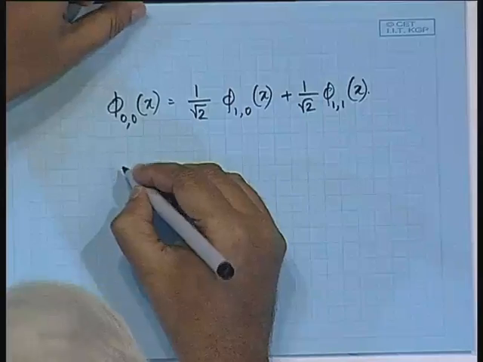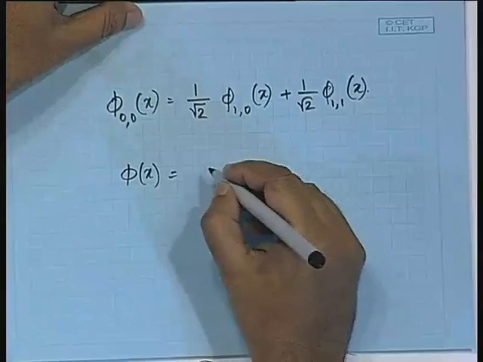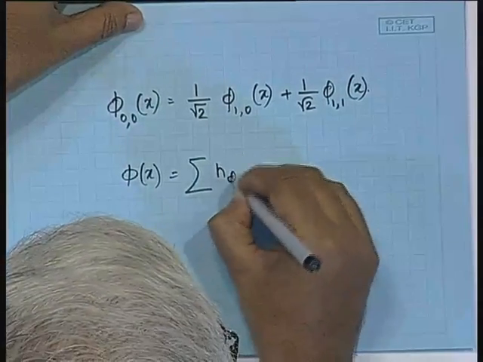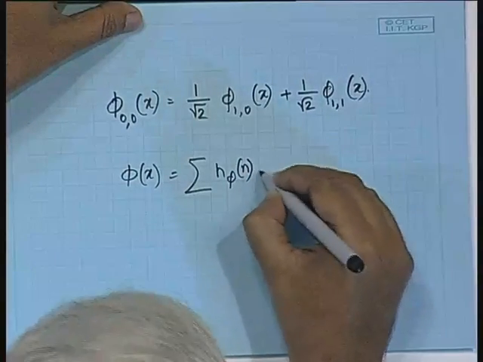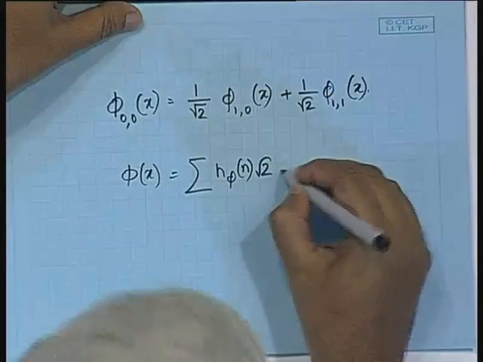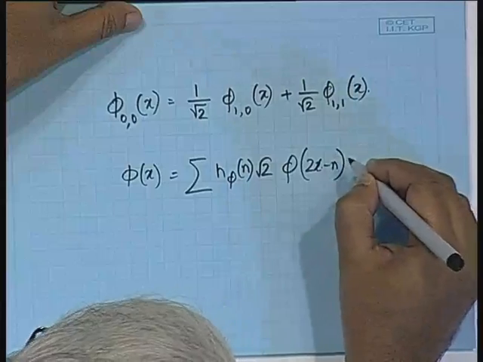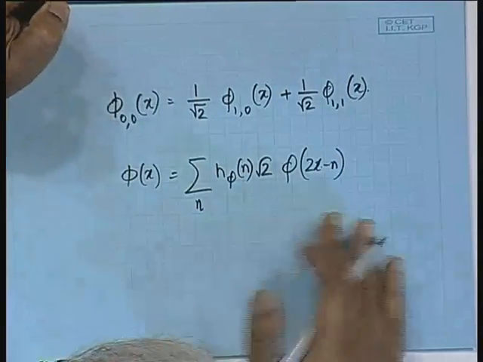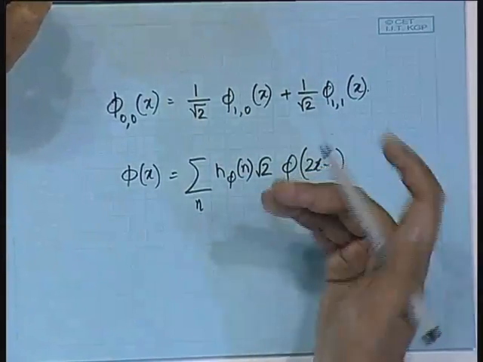So, in fact, what you can do is that the phi of x can then be in general approximated as the summation of h phi of n, h phi of n being some coefficient, into root 2 phi 2x minus n, and this should be summed up over n. So, as a series summation of the higher order wavelet, higher order function.